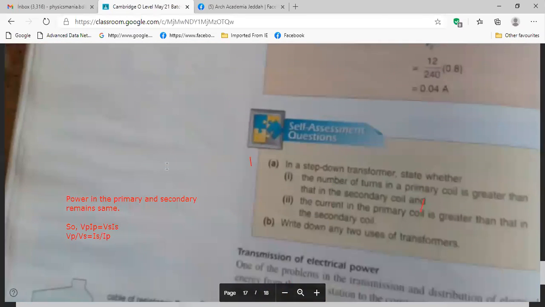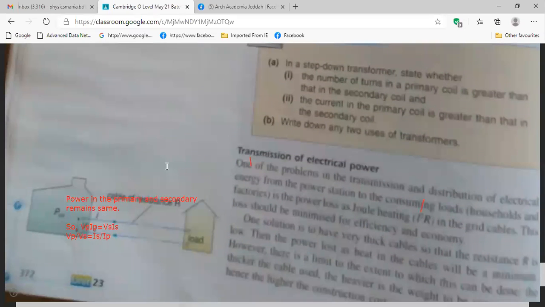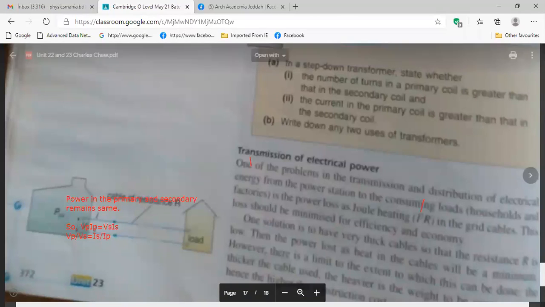Okay. Now we are going to discuss one thing, that is transmission of electricity in grid lines. You write this heading: transmission of electricity in grid lines. So in our house, we are getting the electricity that's coming from the power station, right?